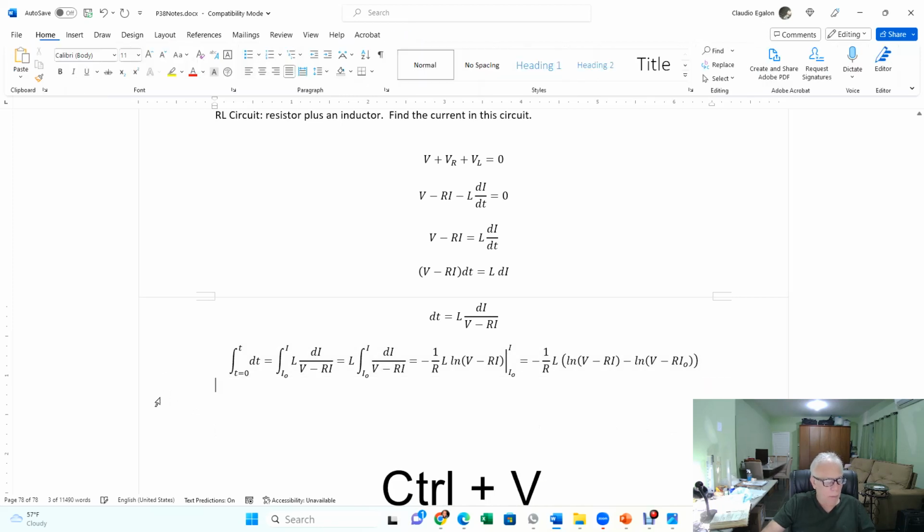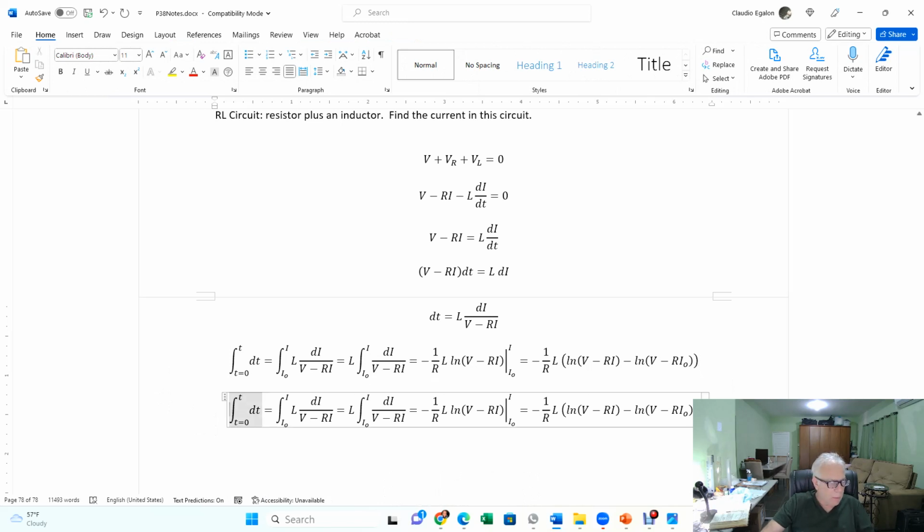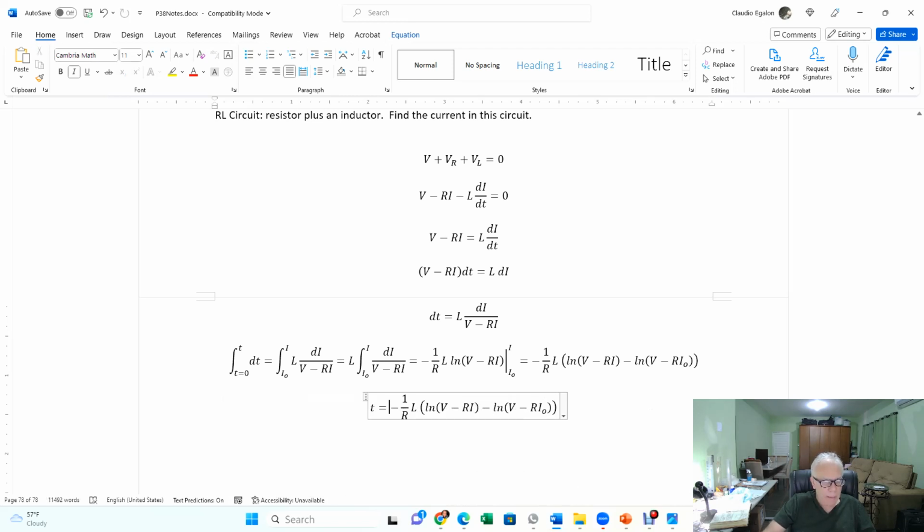The integral on the left side is easy, right? We can just put a t here, and I can simplify this one as well. What is it going to be?